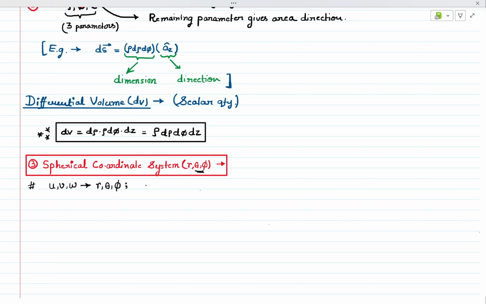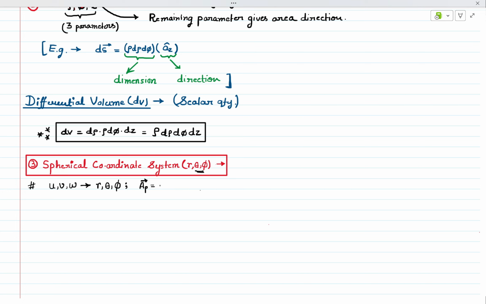Now, as u, v, w have been denoted by r, theta, phi, we can also write the positional vector here. What is the positional vector AP? AP is a positional vector in the three-dimensional vector space. Three-dimensional vector space means it must have three elements along the three directions r, theta, and phi.